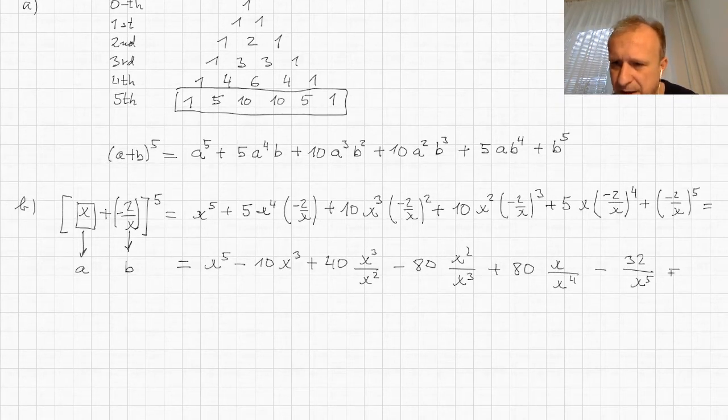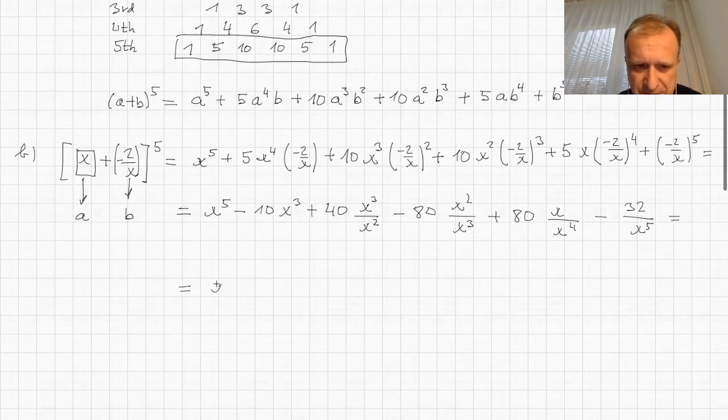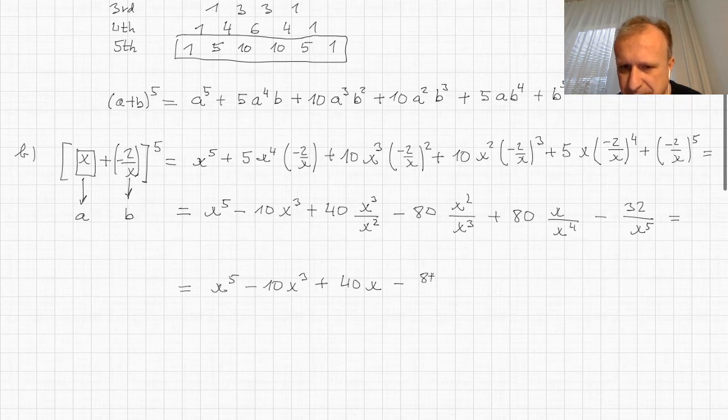And now I can simplify even further, so it's x to the power of 5 minus 10 x to the power of 3, now plus, and you see that this is just 40x. Then you see that you have minus 80 over x, because if you divide x to the power of 2 over x to the power of 3, you have x to the power of negative 1, which is 1 over x.